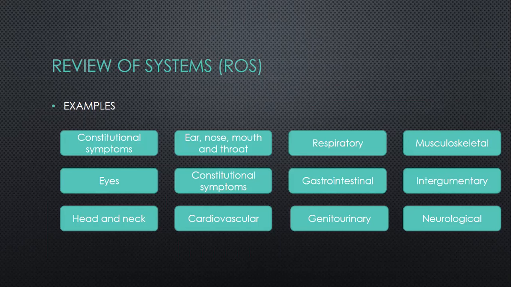Is there flashing lights, blind spots, yellowish discoloration of the sclera? Is there redness? Could it be glaucoma due to the increase of intraocular pressure, right? Is there cataracts? When was your last eye exam? I mean, there's a lot of information.